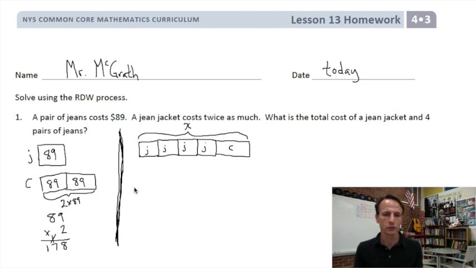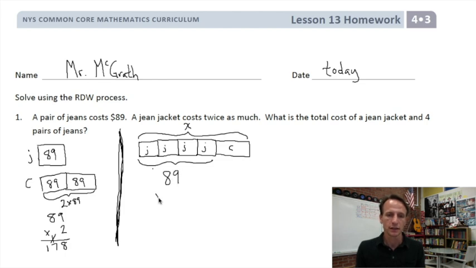The best way to do this is to take that 89 for a pair of jeans and multiply it by 4. There are other ways. We already multiplied it by 2, so we could double that again, but we'll go ahead and do 89 times 4. We'll write it right under here.